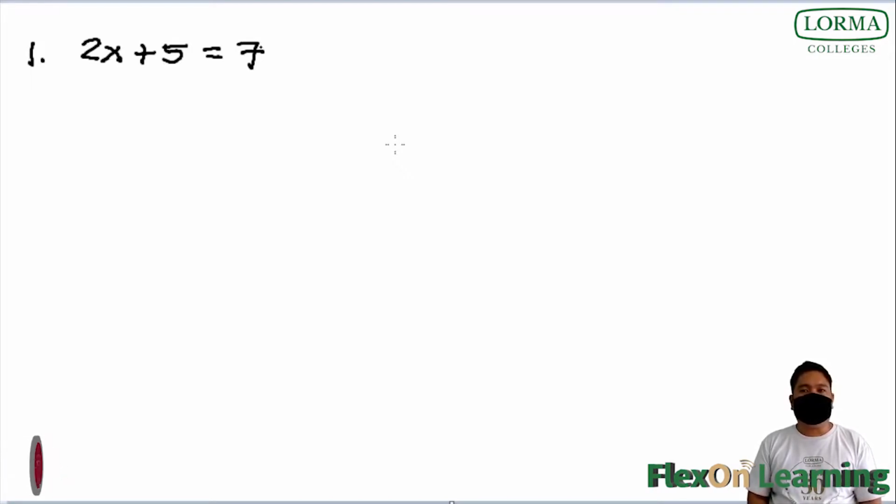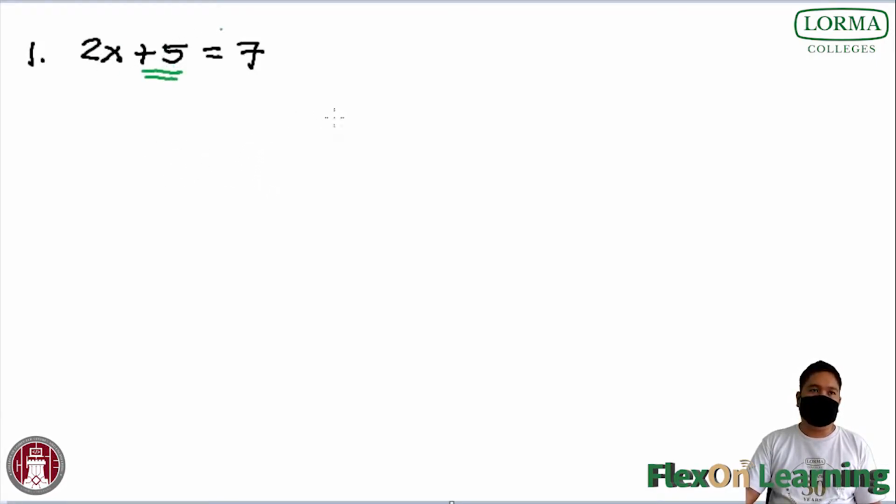We need transposition. Transposition is the transfer of a numerical or literal coefficient to the other side of the equation by negating its operation. As we can see, we have a plus 5 here that is not affecting the x.